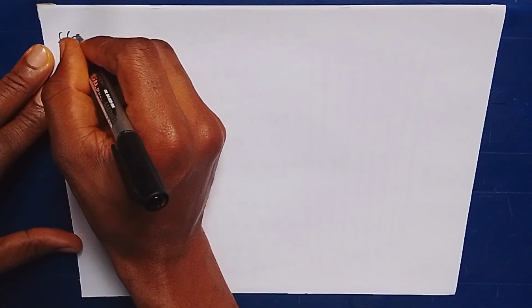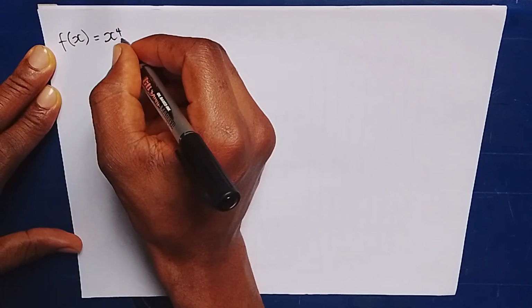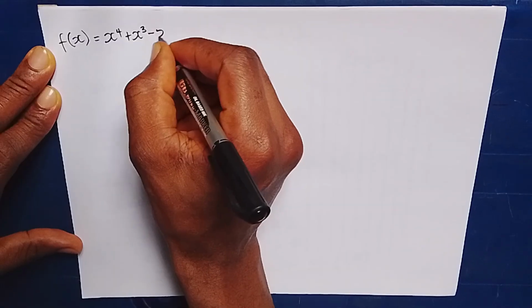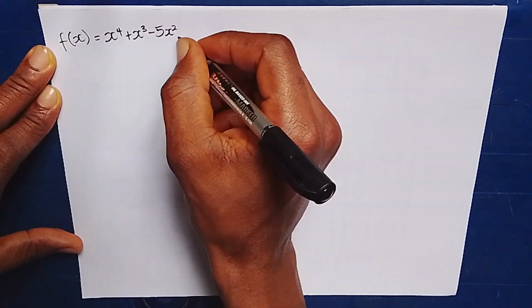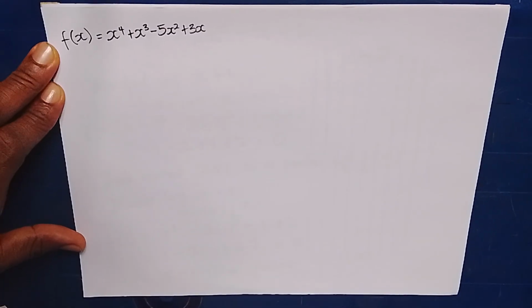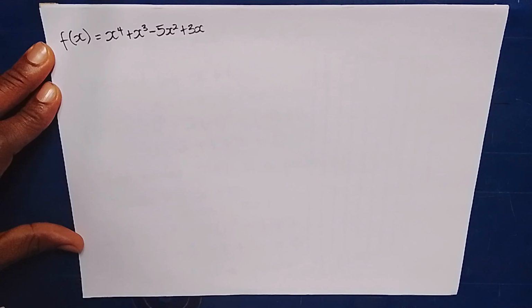The polynomial is this. F of x equal to x raised to the power 4 plus x raised to the power 3 minus 5x squared plus 3x.